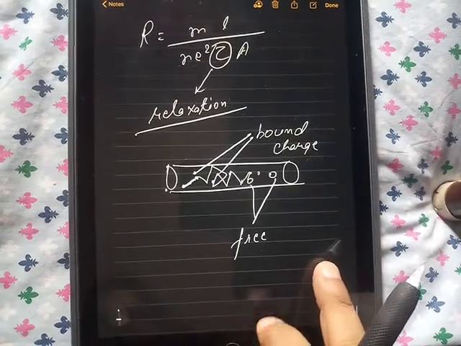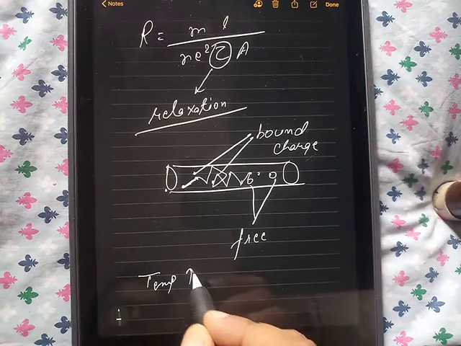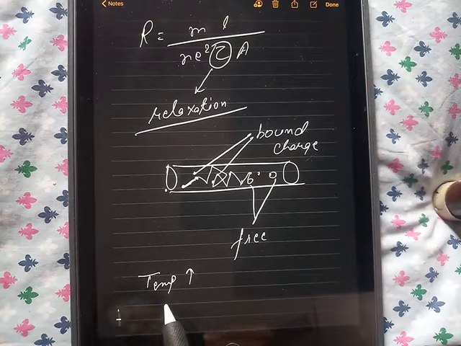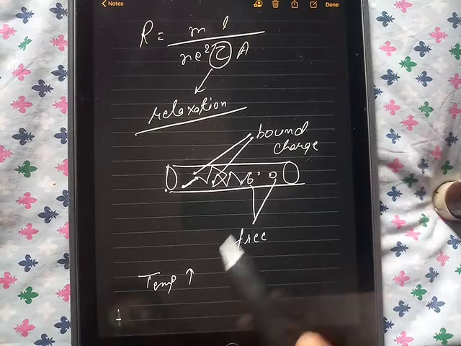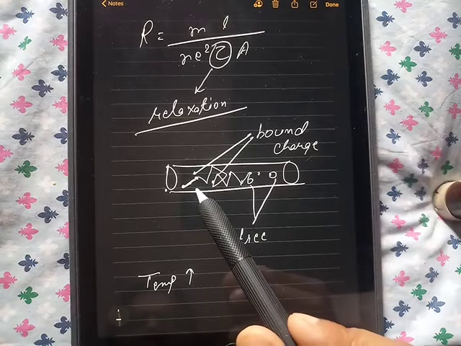So if we increase the temperature, obviously it will increase the kinetic energy of the free charge, and consequently the speed or velocity of that free charge will increase, due to which relaxation time decreases.